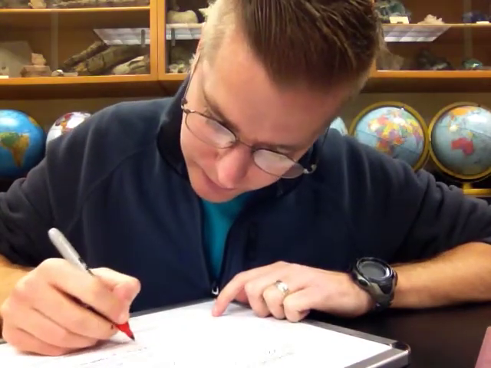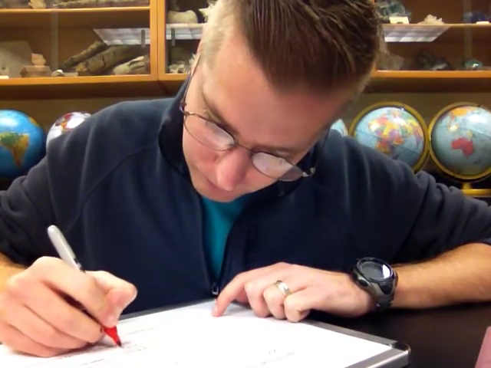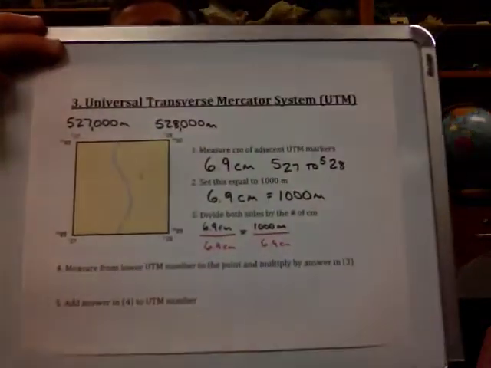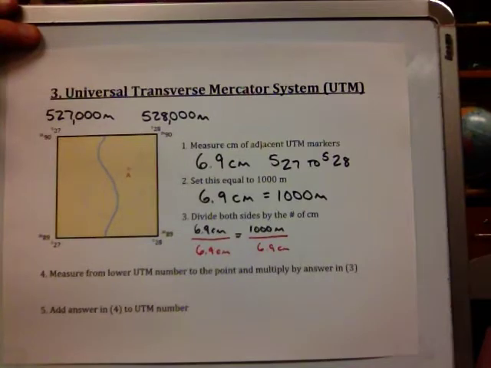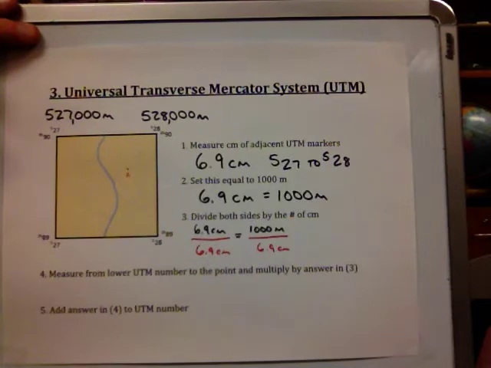I'm going to use a different colored marker to make it nice and visually appealing for you. So we set it up to look like this, so that both sides, the 6.9 centimeters and the 1,000 meters, are divided by the number of centimeters, which is 6.9.